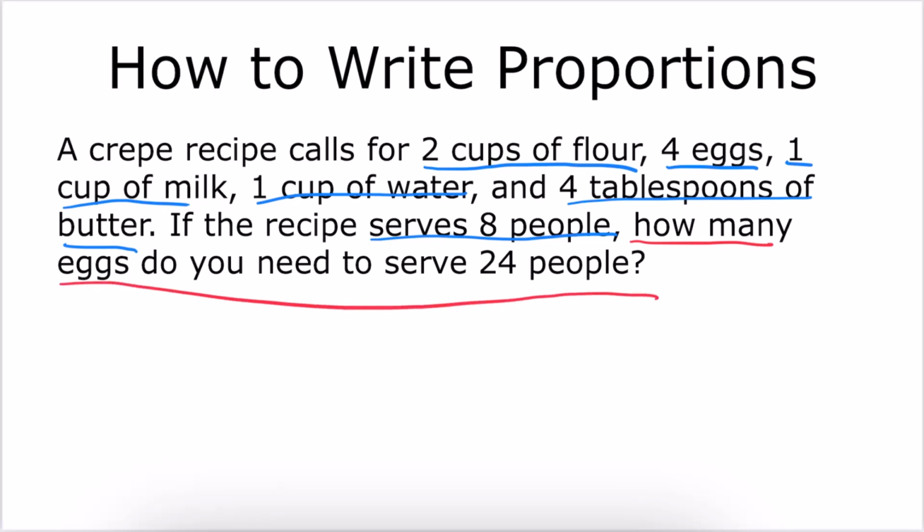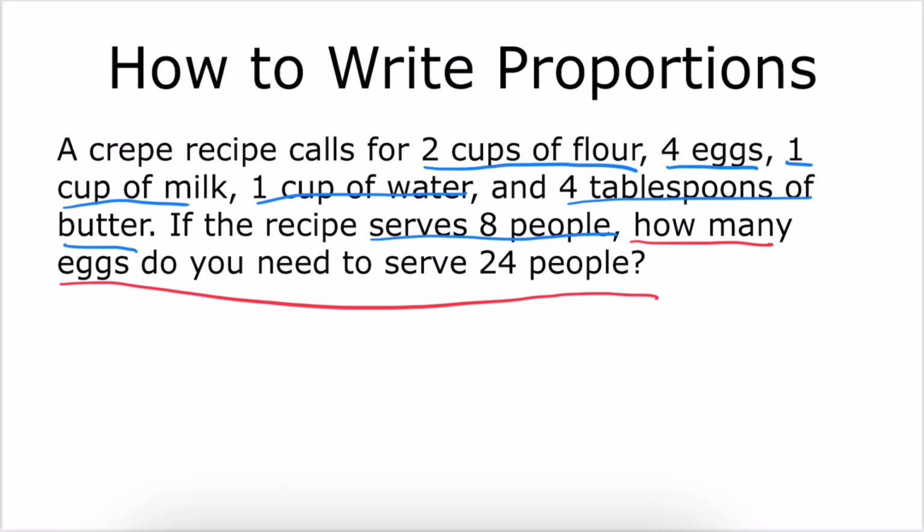The easiest way to write a proportion is to first write out the information that you know in a table. In this case, the only information that's relevant is the eggs information because that's the question they're asking: how many eggs do we need to serve 24 people.